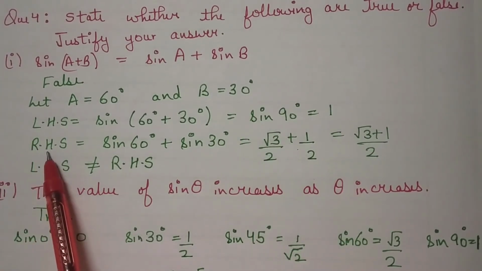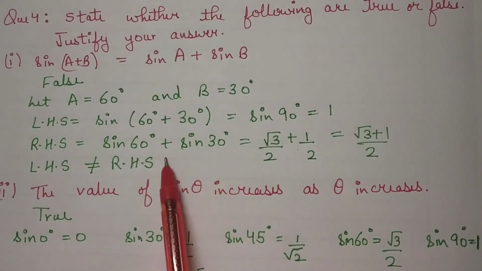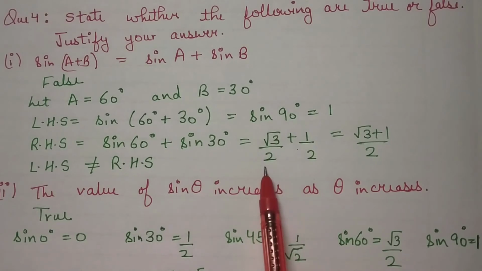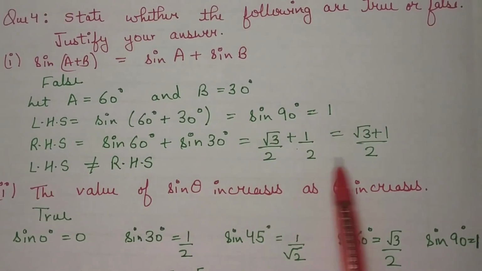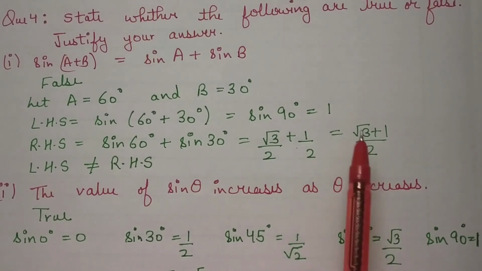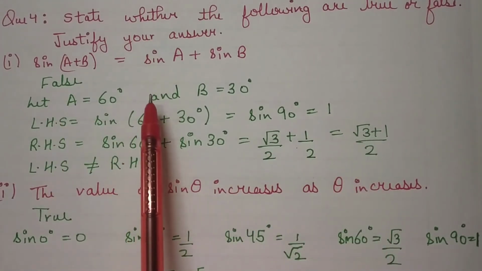Now taking the right hand side, sin 60 degree plus sin 30 degree, the value of sin 60 degree is root 3 by 2 and sin 30 degree is 1 by 2, and the answer is this. These two are not equal, so this equation is false.